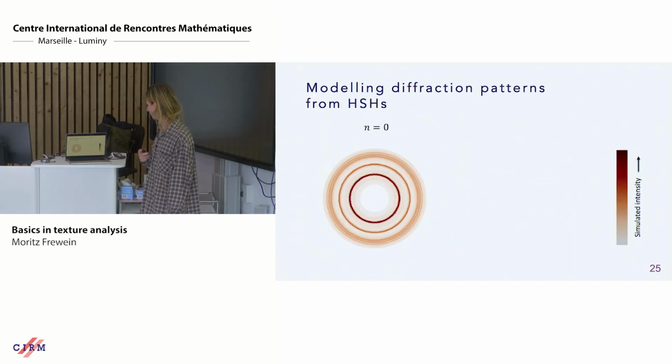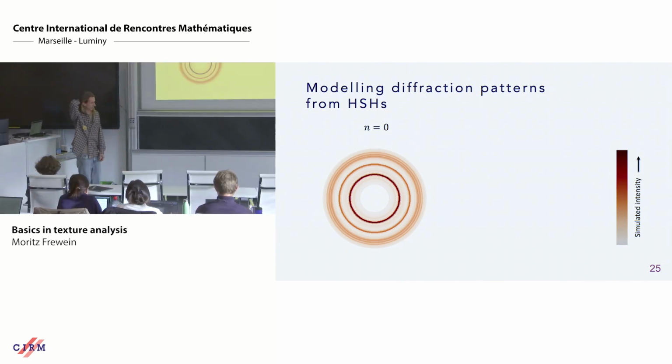Yes, so let's go a bit deeper into how we actually model the diffraction patterns. We have a combination of several orders. If we do the sum over the lowest order only, for example, the 0th order is completely isotropic, we will get just an isotropic diffraction pattern, like a powder diffraction pattern.